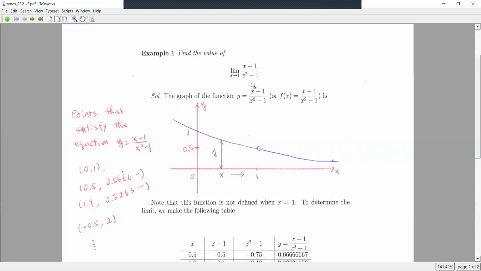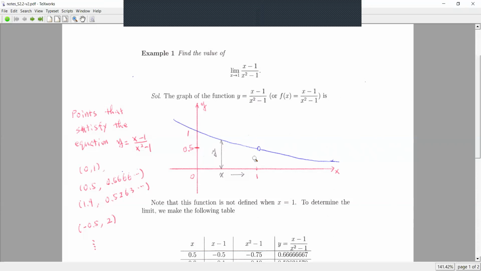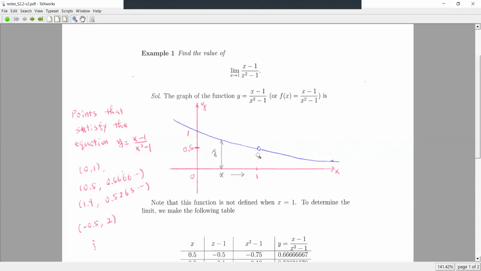Please note that this function is not defined when x is 1, or not computable when x is 1. When you plug in 1 for x, you will get 0 over 0, not computable. So therefore, I place an open dot here. Open dot means the point is not a part of the graph of the function.